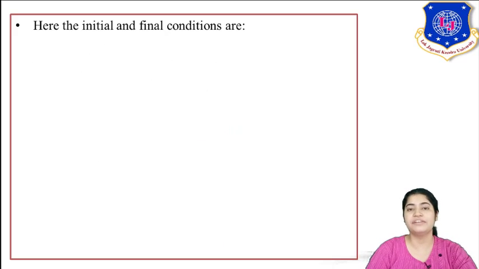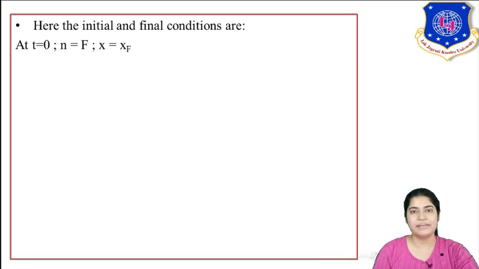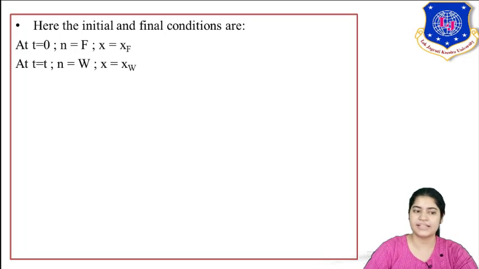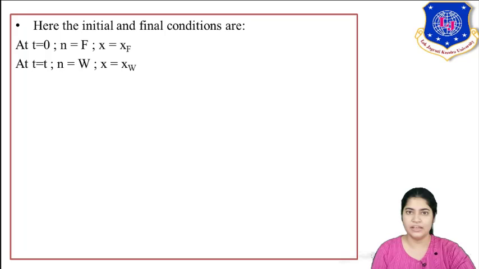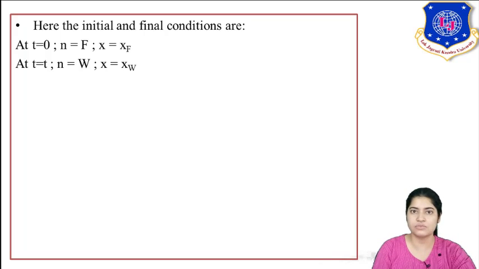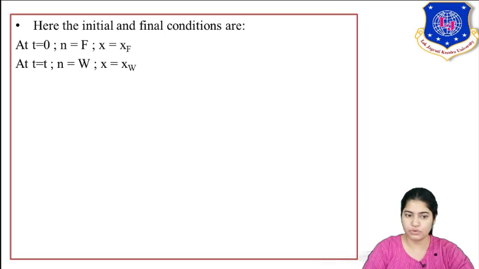Now the initial and final conditions: at time equal to 0, when I start my batch distillation process, the number of moles I have taken is F, and the composition of the more volatile component is XF. At any time T, the number of moles left behind in the distillation flask is W, the residue. Vapors have been taken out, so the remaining one is the liquid phase, the residue, and its mole fraction is XW.